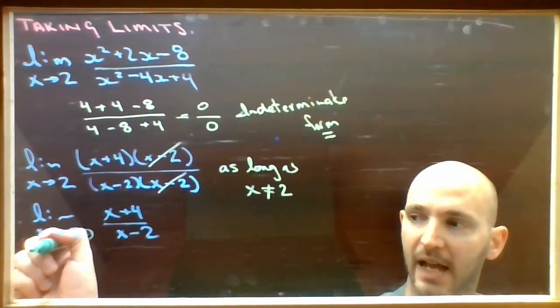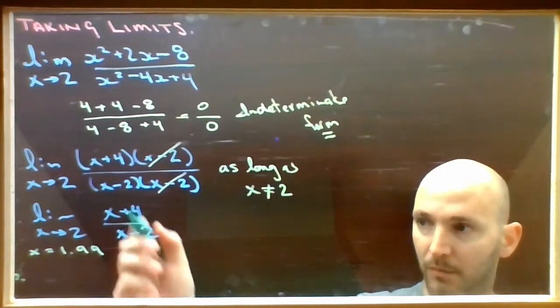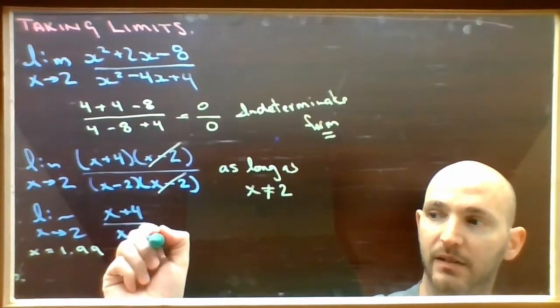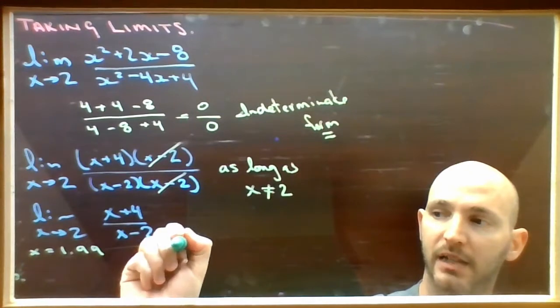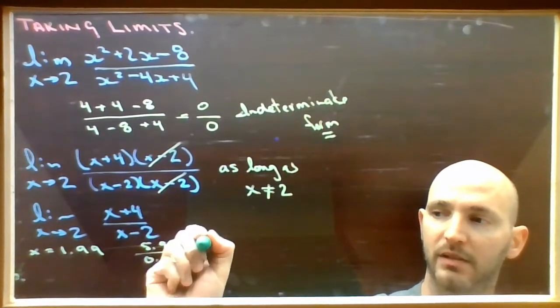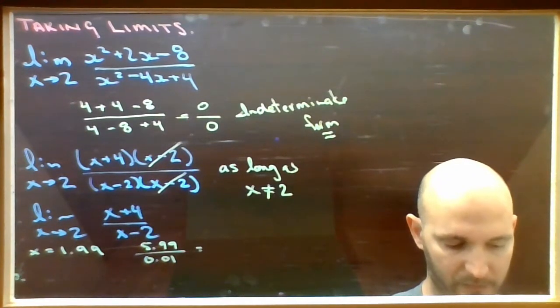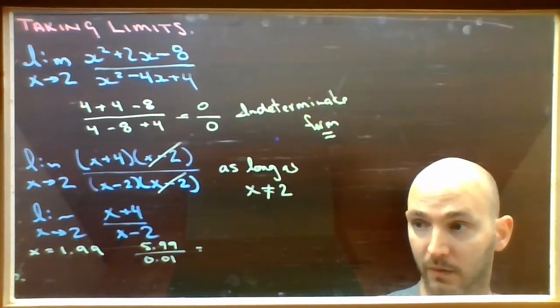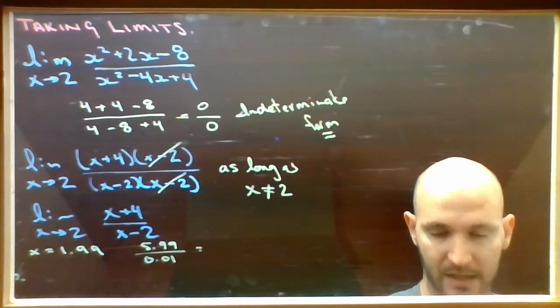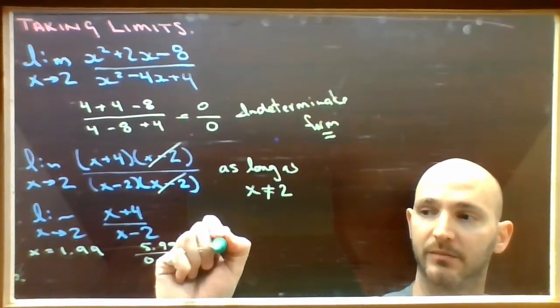If I try x is 1.99, my top would be 5.99, and my bottom would be 0.01, giving me 5.99 divided by 0.01 is 599.